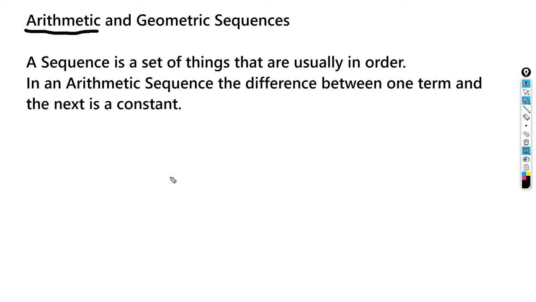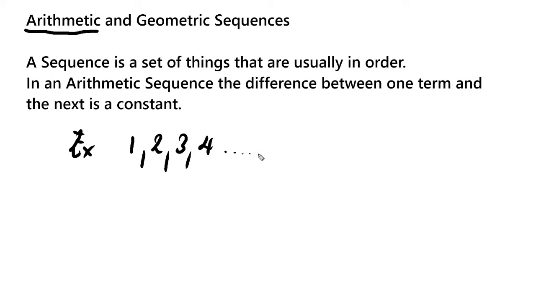And it says a sequence is a set of things that are usually in order, okay? So let me give you an example of that. An example would be 1, 2, 3, 4, and so on. The normal sequence, the counting number sequence, the natural number sequence.